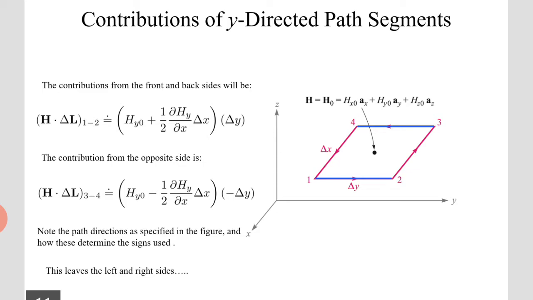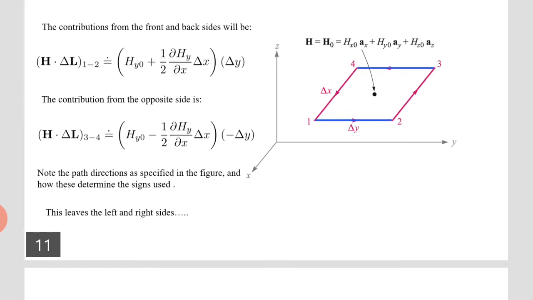Now note that the path direction is specified in the figure and this determines the signs used. You can observe the path directions: in 1 2 it is in one direction, and in 3 4 it is in the opposite direction. Therefore we get a negative value. So this covers the left and right sides.